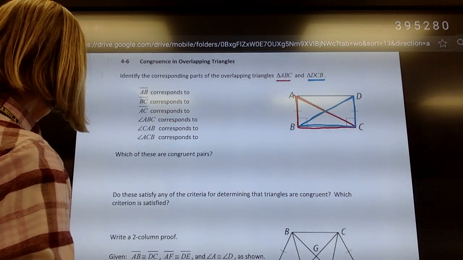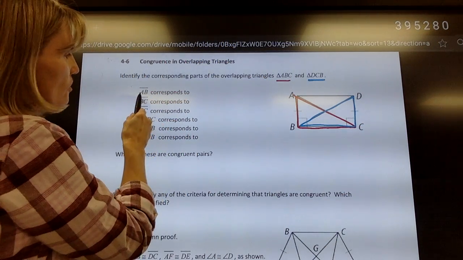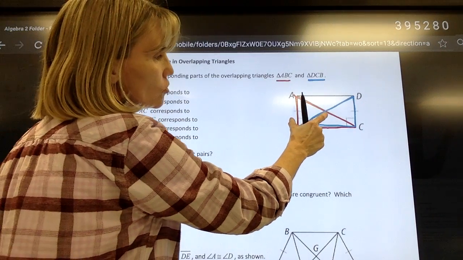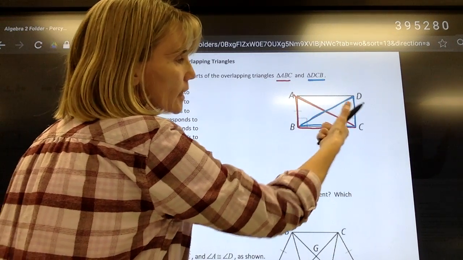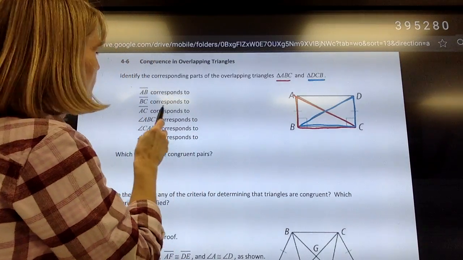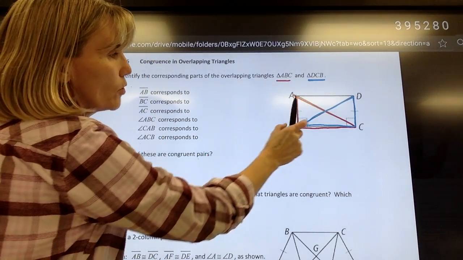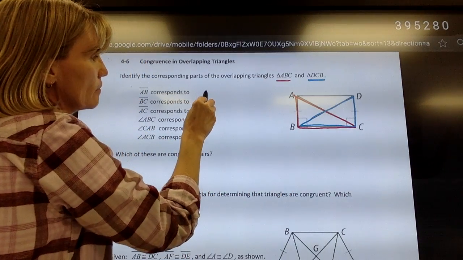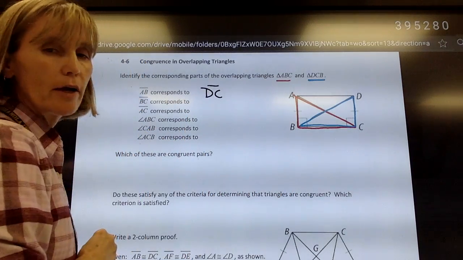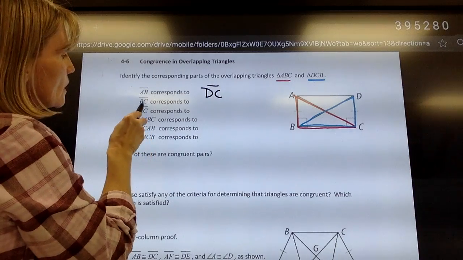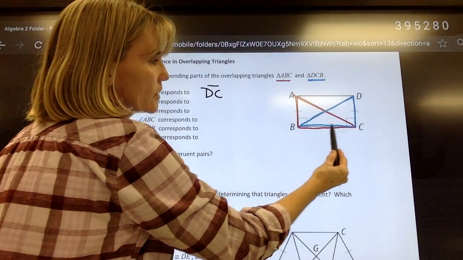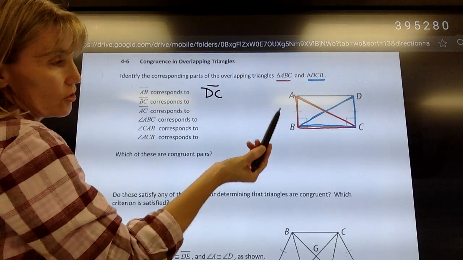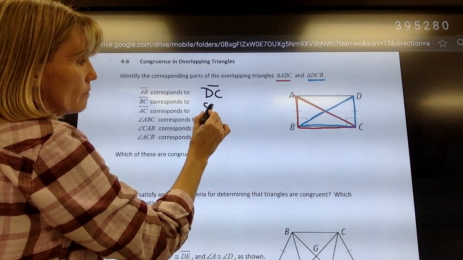It says segment AB corresponds to what? If I were to take this red triangle and flip it so that it was laying on top of the blue triangle, segment AB would match up with DC. Go ahead and write that in your packet. Segment BC, if I flip that red triangle over, is still going to match up to CB.